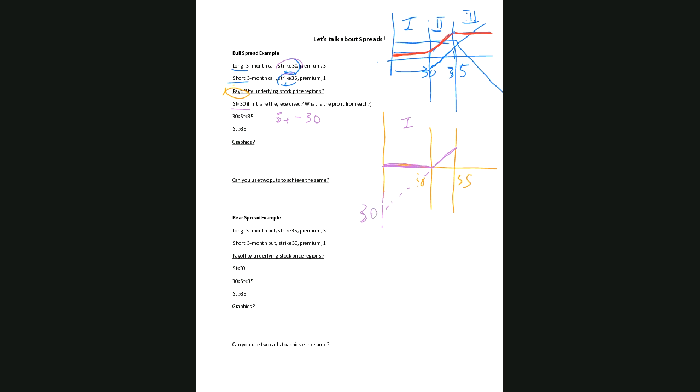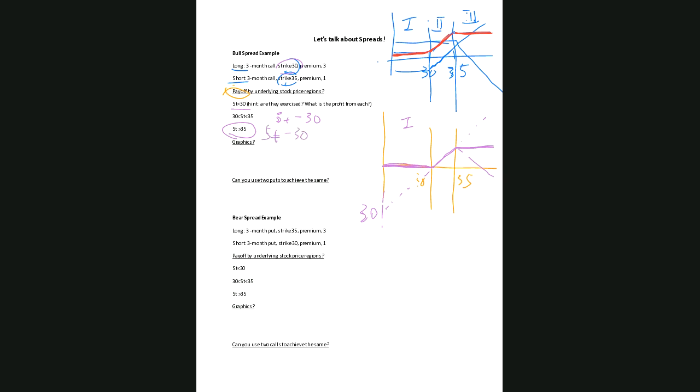And then in the third region, as you can totally imagine, it's going to go up and down, so it's going to be a constant line. So you can see that the payoff is a lot easier to handle. In the third region, for the long one, it's going to be again ST minus 30.